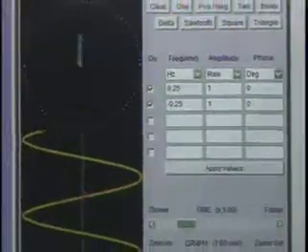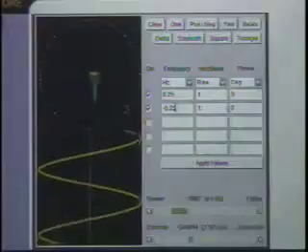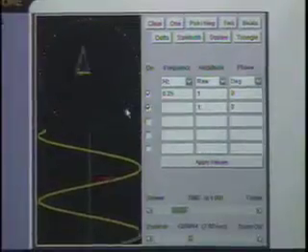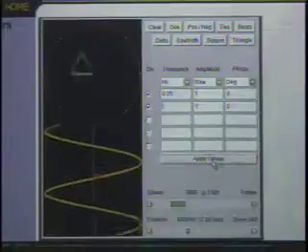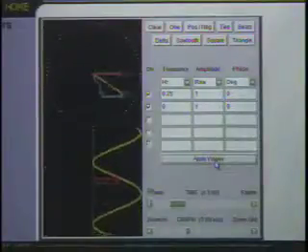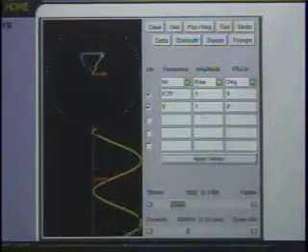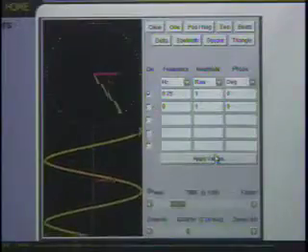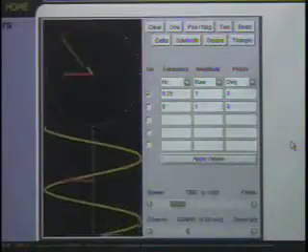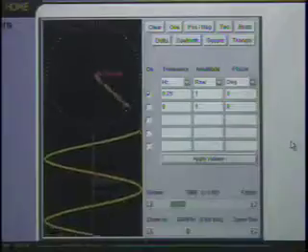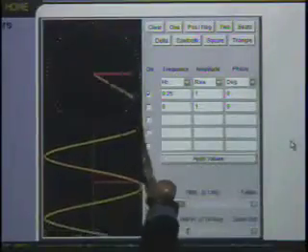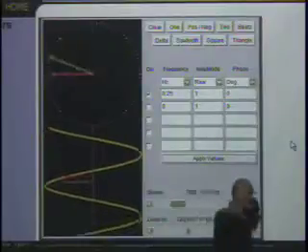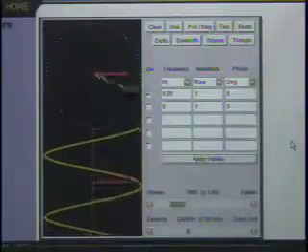Okay. So I will show you soon that the complex exponential is a phasor, the yellow one that you see, that rotates around the circle of radius 1 that we call a unit circle.